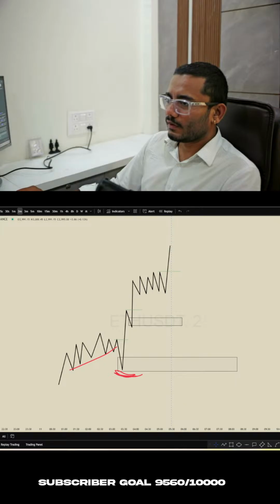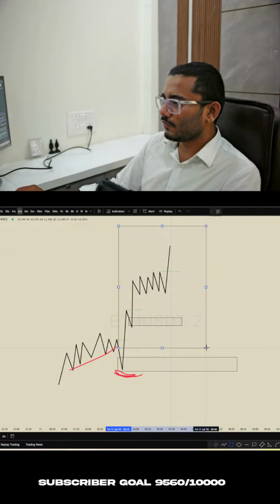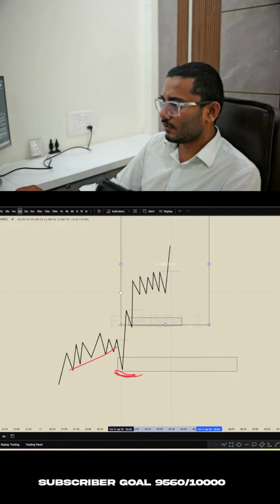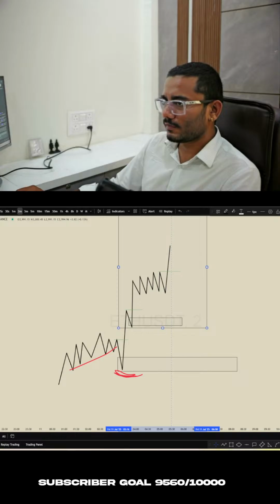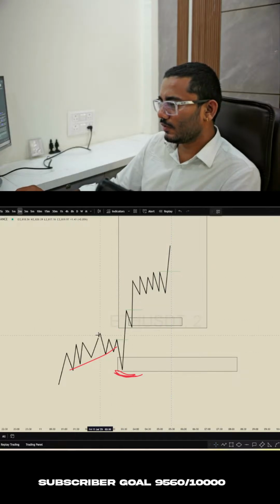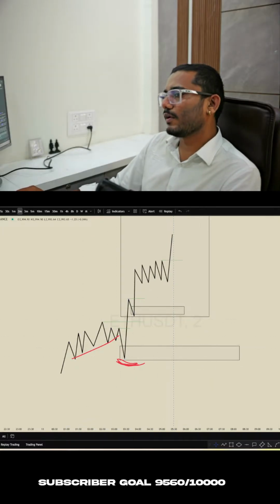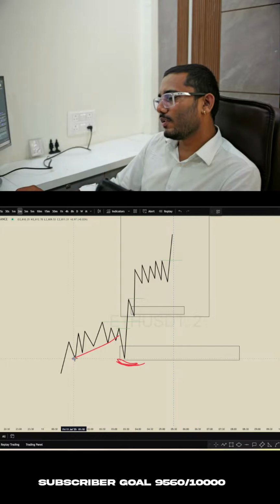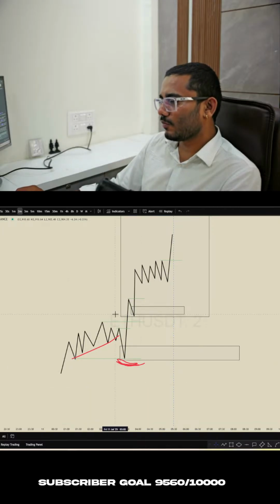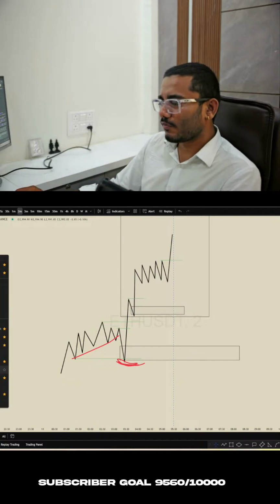And even before starting this whole move, just look at this. Don't ignore this. Assume that we are only here. Price broke the structure to the upside. Now we know that all the higher time frame liquidity is swept from the downside. If all this sell side liquidity is taken from this low, all this trend line liquidity has been swept, in which direction will price trade?